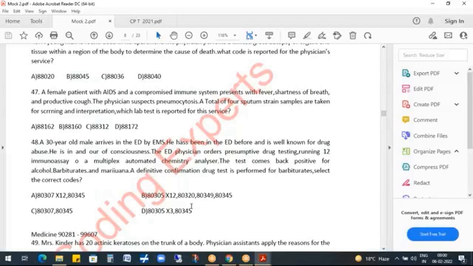Report only once. If n number of tests are performed, even if they perform 30, we need to report only once per day. If you even read the code description, you will come to know. Read the code description.